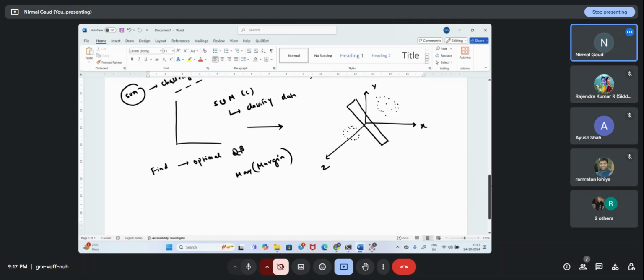Margin should be maximum. That means the distance between the class boundaries should be maximum. I want to solve my support vector equation on this concept only, max margin.